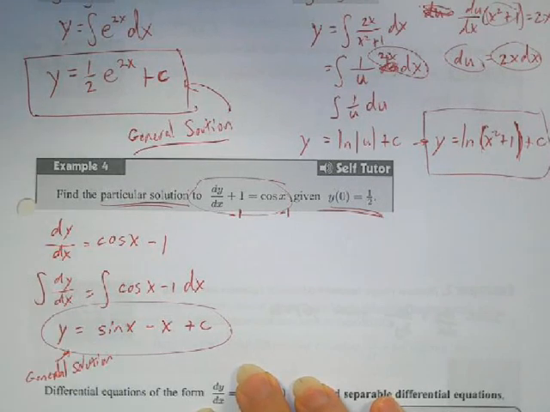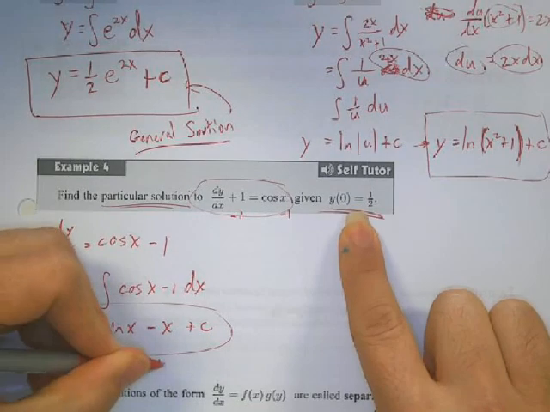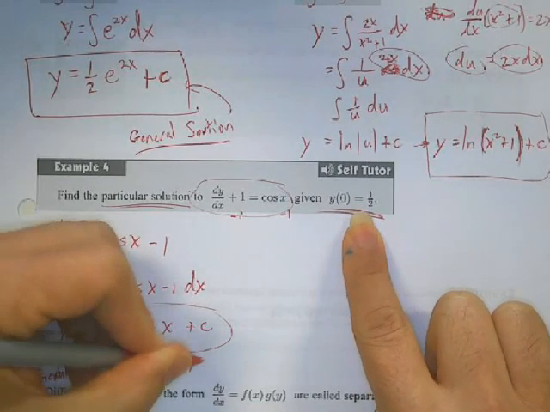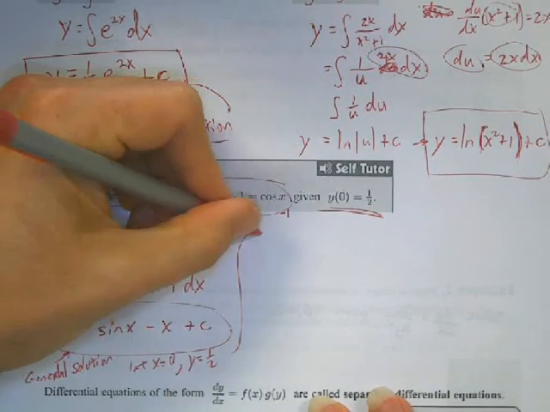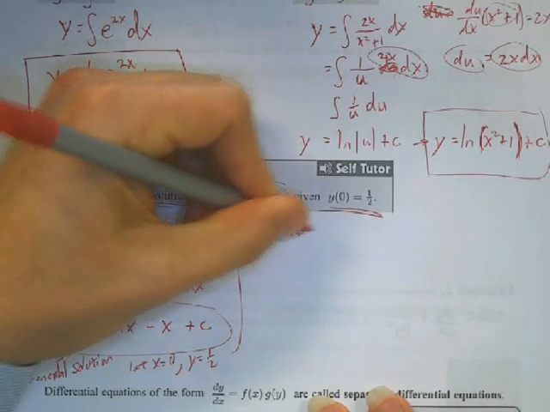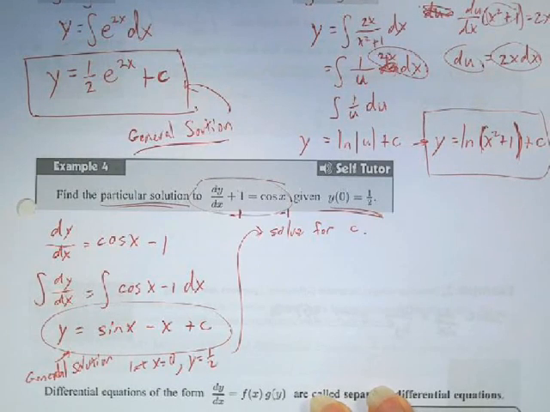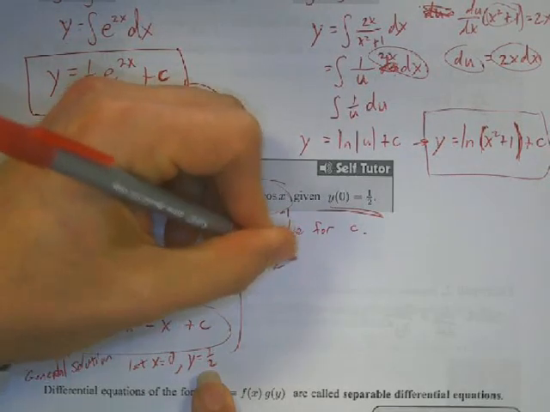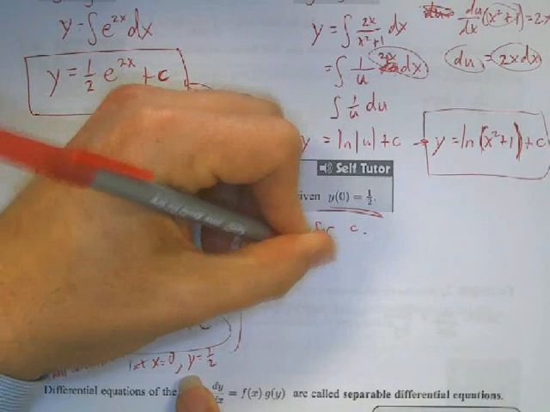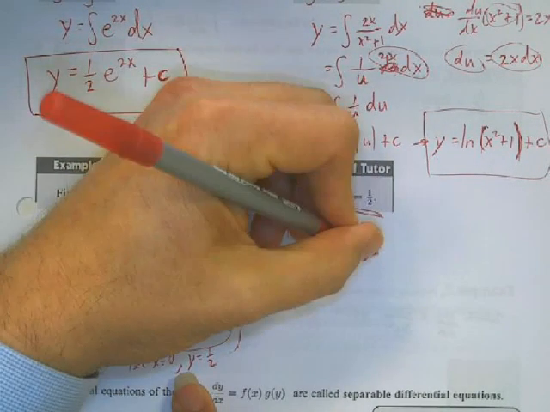Okay, and now we're going to let x equal 0 and y equal 1/2. We're going to plug that in and solve for c. So if x is 0 and y is 1/2, I end up with 1/2 equals sine 0 minus 0 plus c.